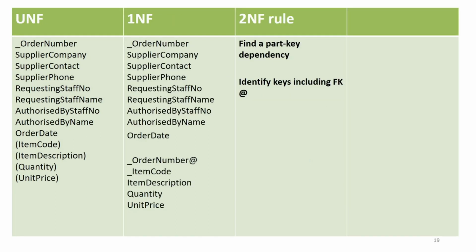Now the second rule, the second normal form, is to find a part key dependency and identify again keys including foreign keys with @. What does that mean, find a part key dependency?